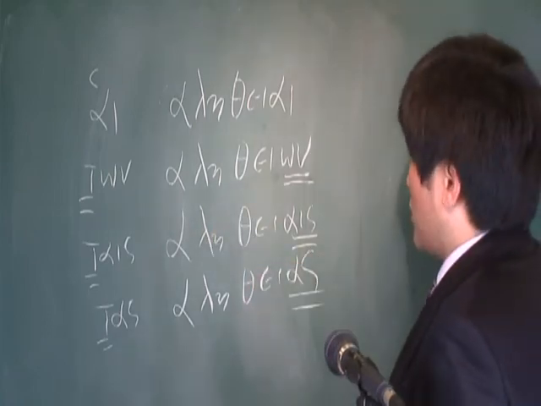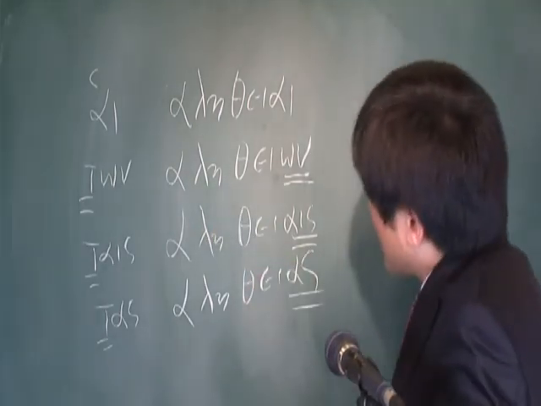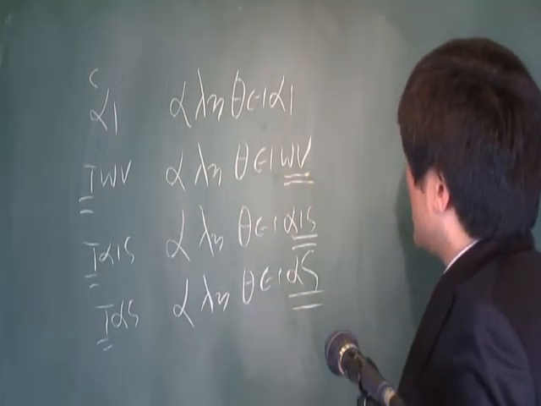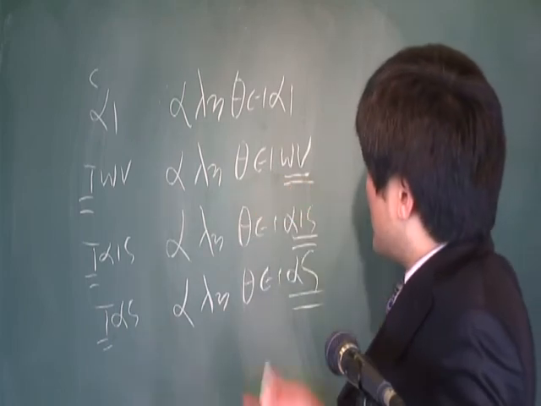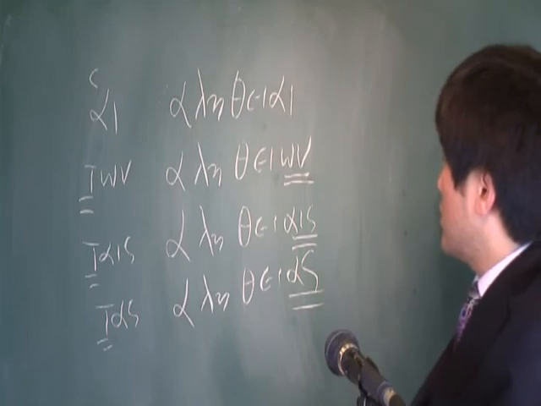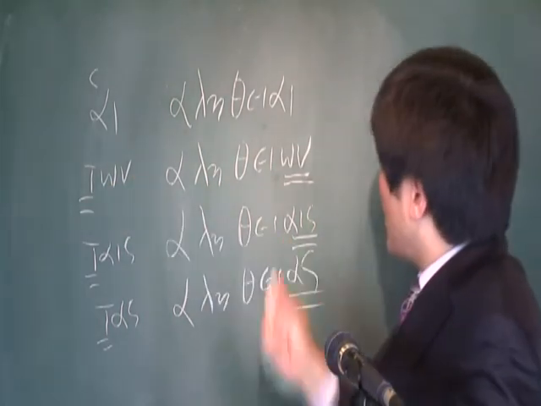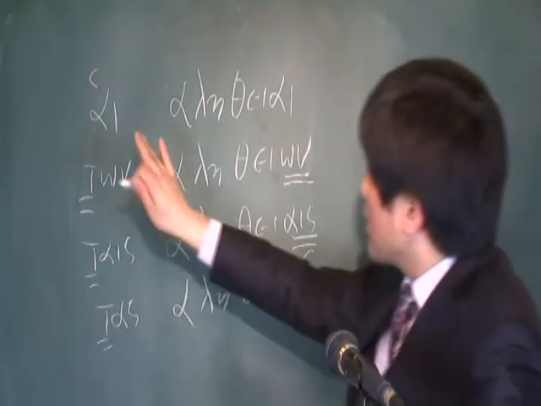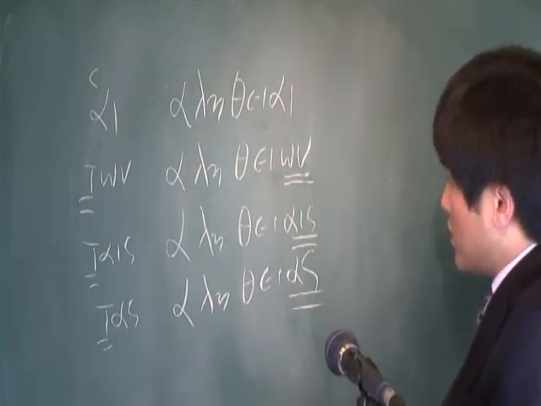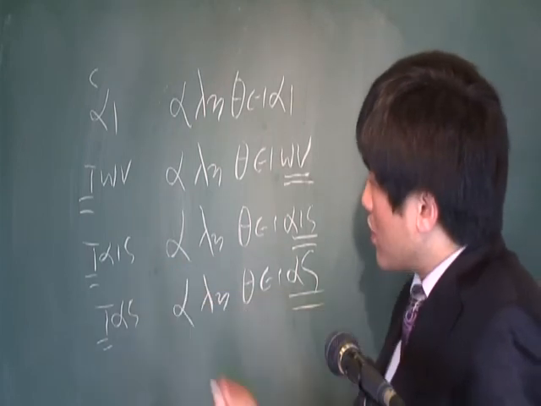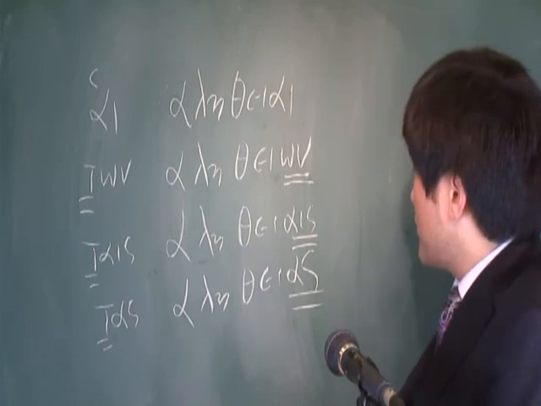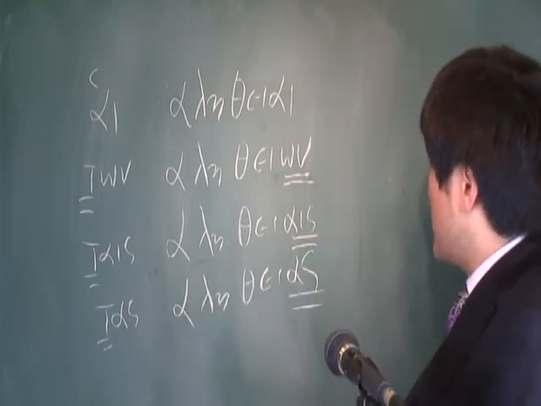Then let's write and memorize the definite articles. First, the singular forms. Ho, he, to, tou, tes, tou, to, te, to, ton, ten, to. These are the singular forms.